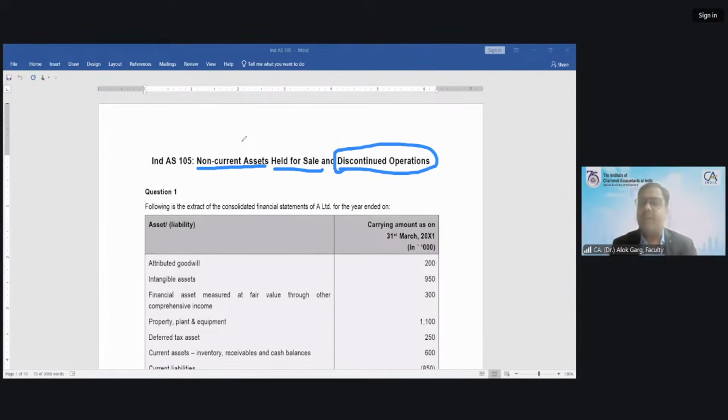When there is an individual asset which is held for sale, for example, a company wants to sell a building, in that case that building is the non-current asset held for sale. Second example, a company wants to sell a factory.